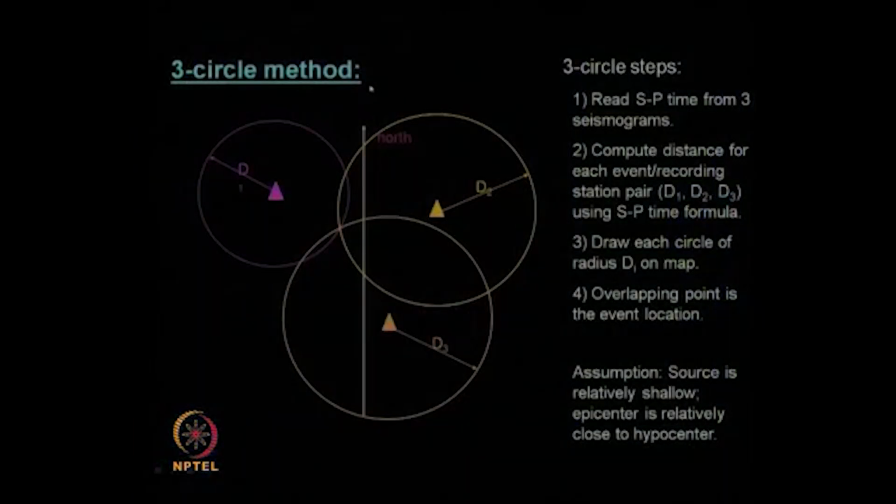Then we have seen the most popular method in the world, which is known as the 3-circle method. In the 3-circle method, the same S minus P time formula has to be used for a minimum of 3 seismograph stations, so that we can find 3 values of the distances: station 1 corresponds to distance d1, station 2 corresponds to distance d2, station 3 corresponds to distance d3.